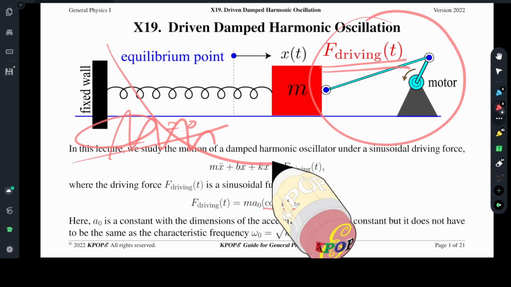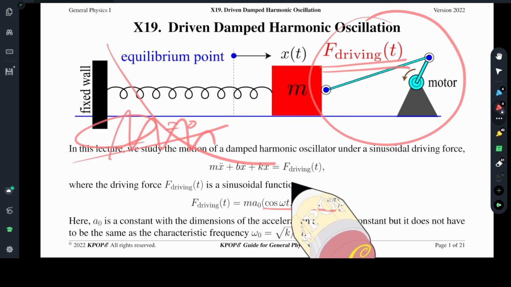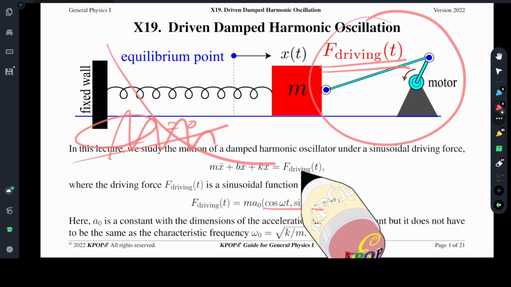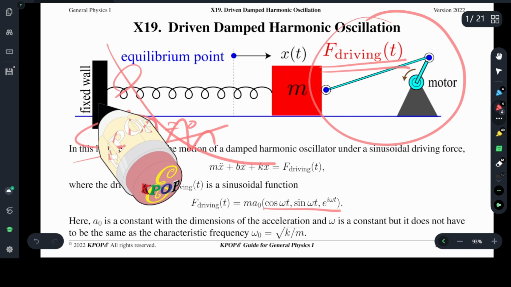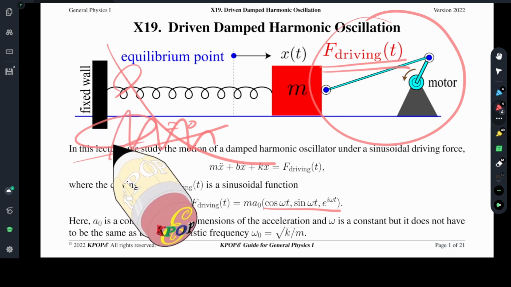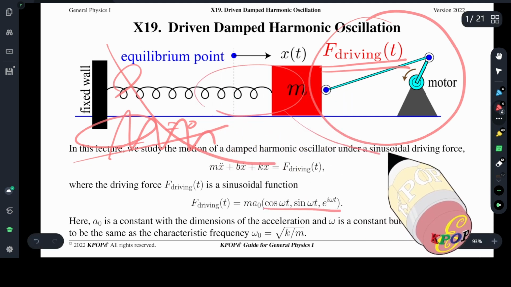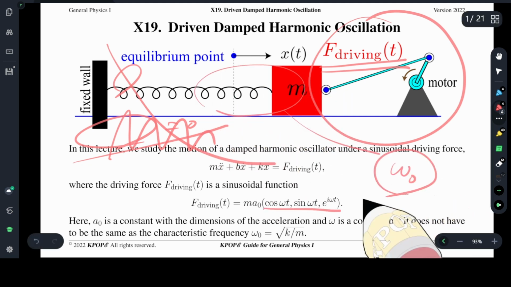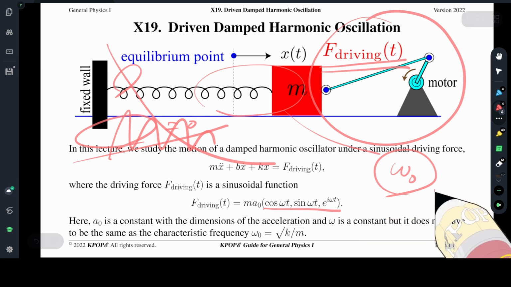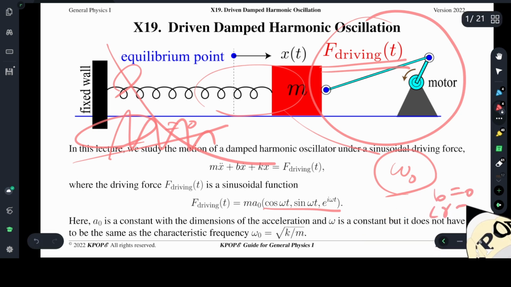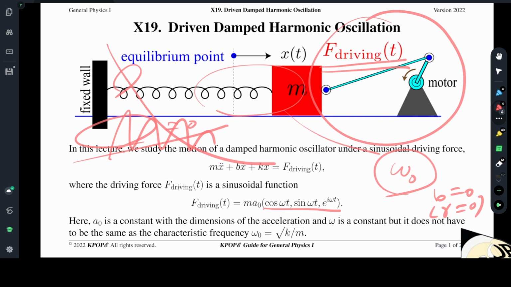But what we want to do is to erase the decaying factor and keep it oscillating, just like the system oscillates with the original characteristic frequency in the case b equals 0, or gamma equals 0. Our simple choice for the driving force is the sinusoidal function.